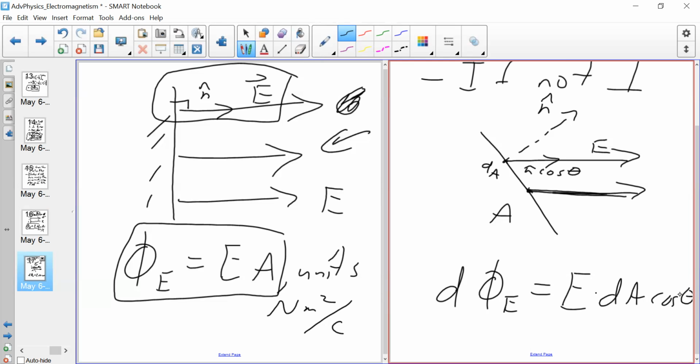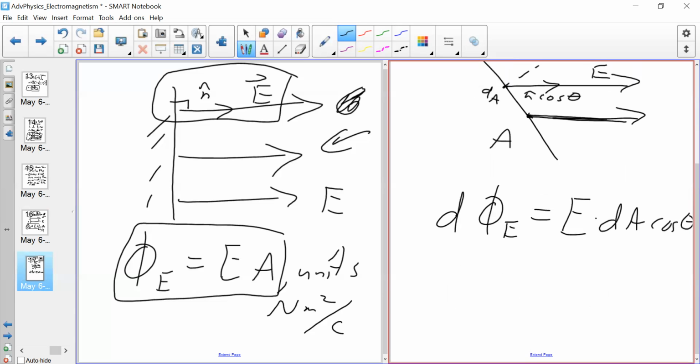So that's a general equation. So then when we integrate this, we get the total flux is going to be EA cosine theta.